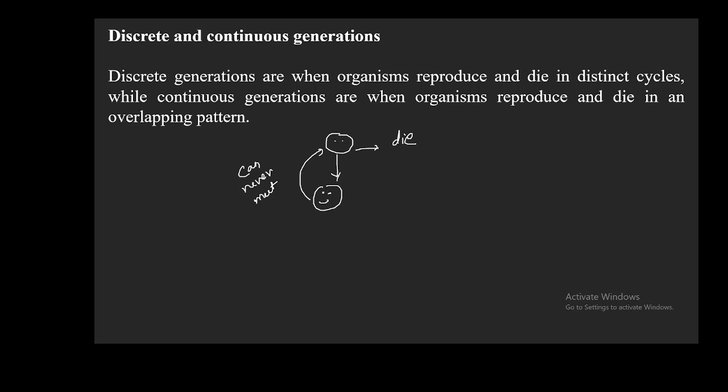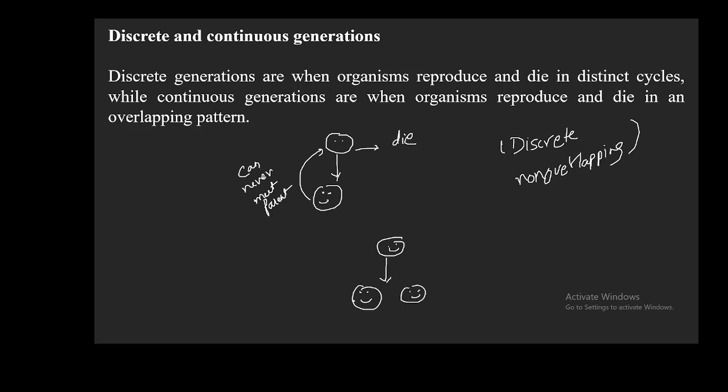That is the unlucky part, and this is known as the non-overlapping generation, or the discrete generation. The other one is the continuous generation, in which the organism reproduces and produces offspring, and these offspring can meet their parent. So there is an overlapping pattern. This is the overlapping generation.